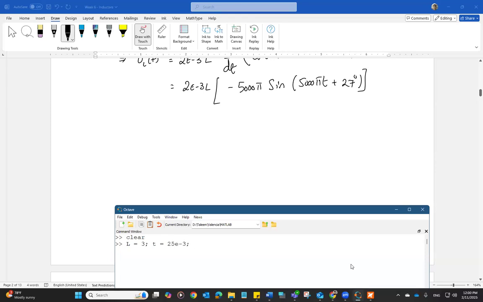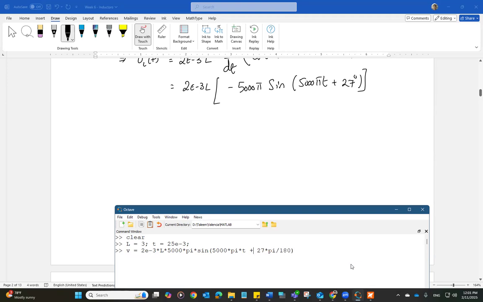So my V at 25 milliseconds is going to be 2 exponent negative 3 times L times 5000 pi times sine(5000 times pi times t plus 27, converted into radians by multiplying by pi and dividing by 180).